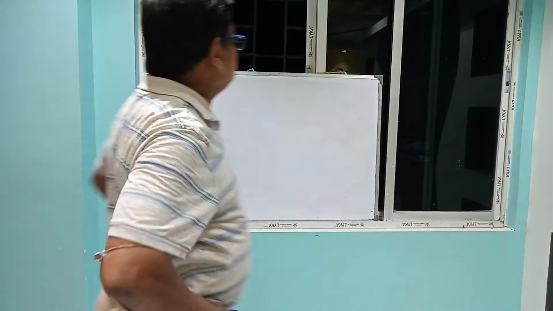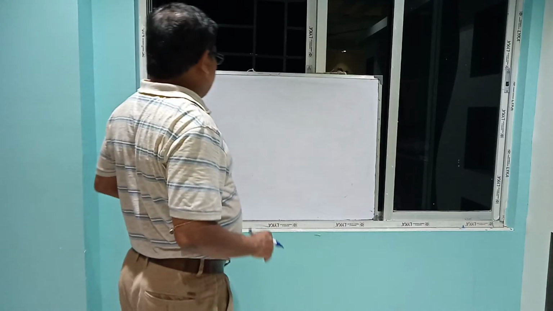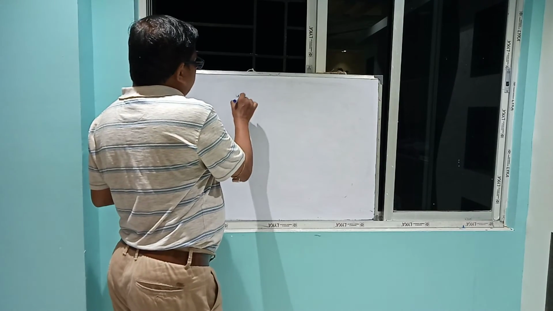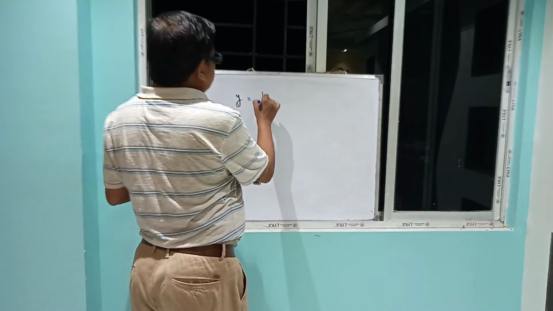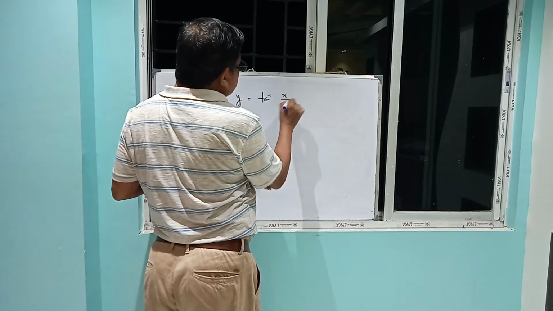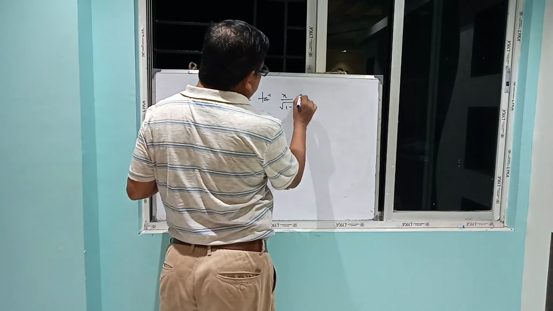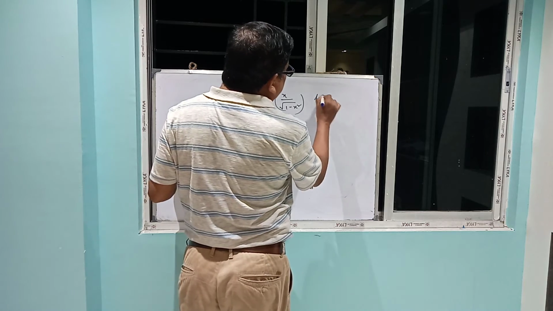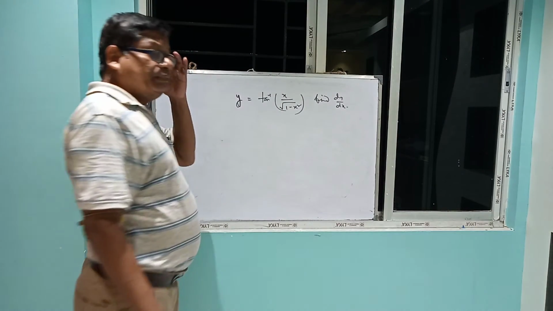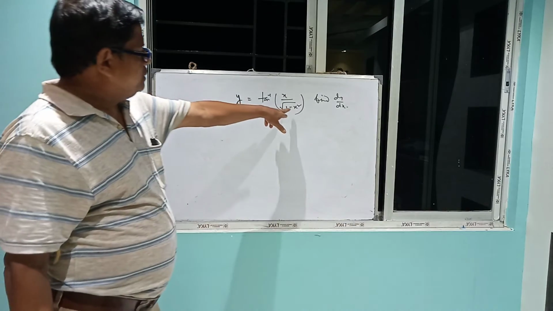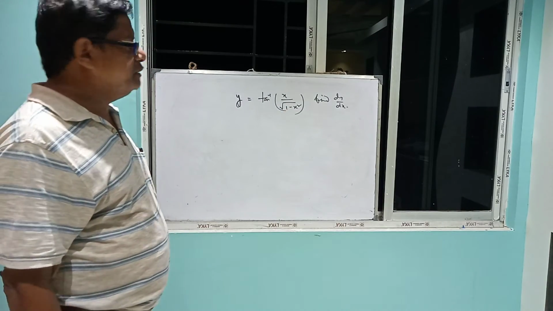Now suppose another sum. Let y equal tan inverse of x by root 1 minus x square. Find dy/dx. Here, put x equals sin theta.